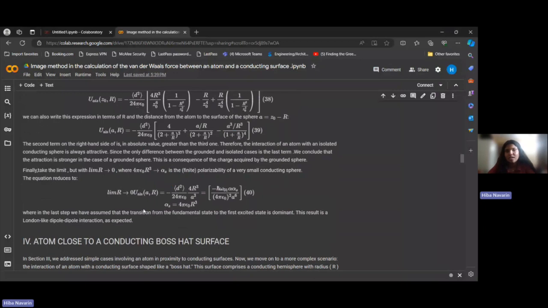So this results in a London-like dipole-dipole interaction as expected. So that is for the atom which interacts with the isolated conducting sphere.